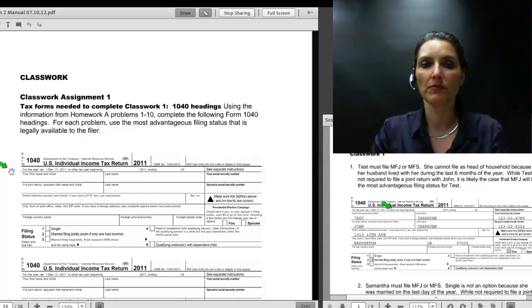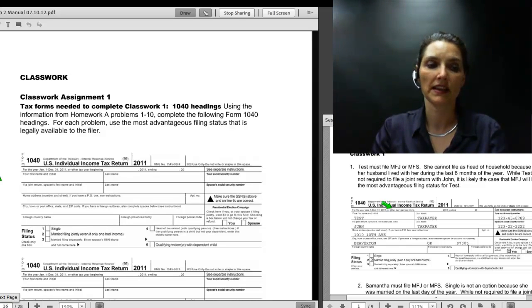For each problem, use the most advantageous filing status that is legally available to the filer. So we have the header here, and we need to fill it out based on the assignments in questions 1 through 10 of homework. So what is the most advantageous filing status? We need to read the problem, determine the most advantageous filing status, and then fill out the header based upon the use of that particular most advantageous filing status.